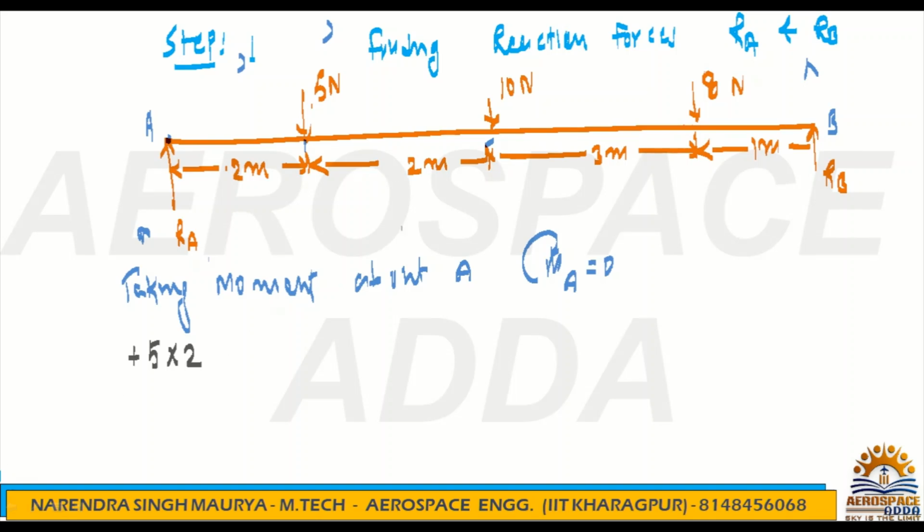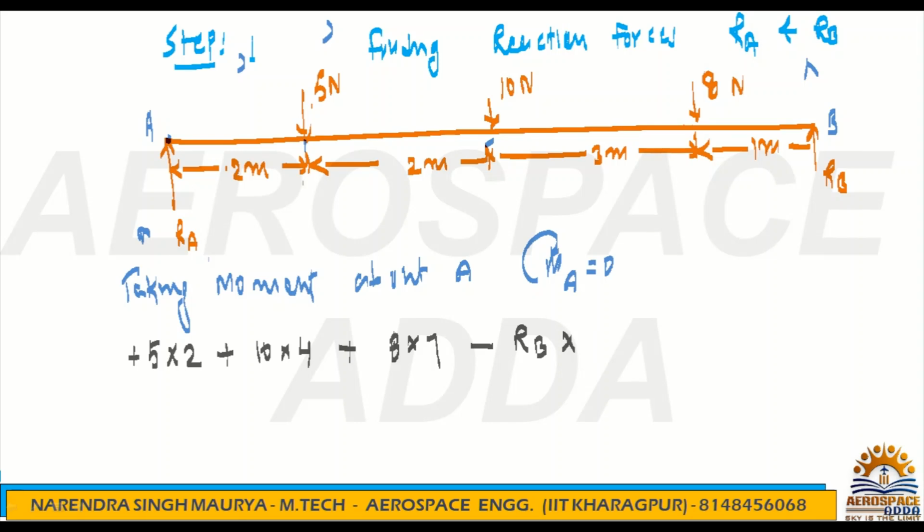Similarly 10, this is a clockwise moment, so it is plus 10 into the perpendicular distance from point A, which is 4 meter. Similarly, 8 Newton also gives a clockwise moment, hence it is plus, into the perpendicular distance from point A, which is 4 plus 3, 7 meter, right? Now RB, if you check, gives an anti-clockwise moment, hence it is negative.